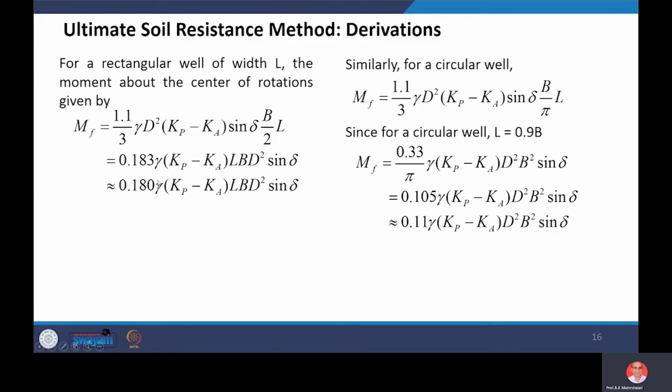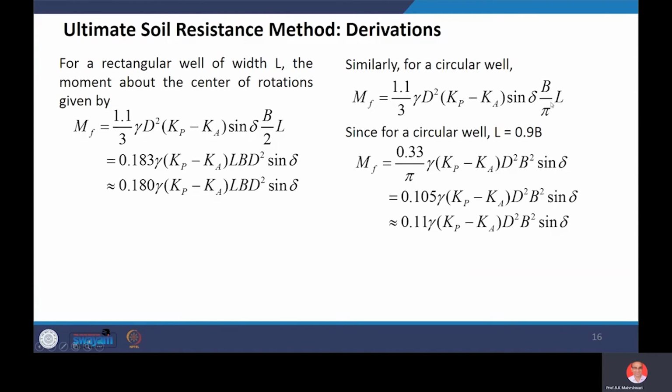Once you simplify it, you get 0.183, roughly 0.180 gamma (Kp minus Ka) L B D square sine delta.